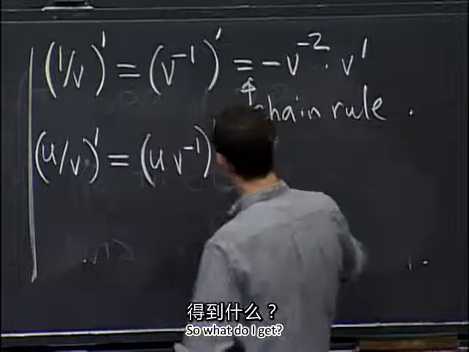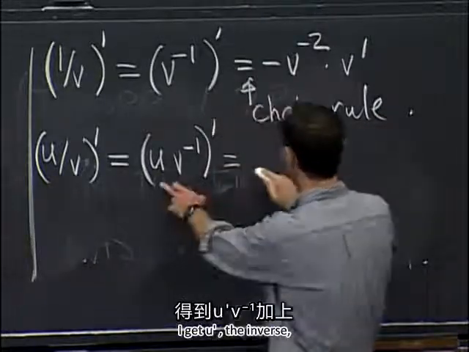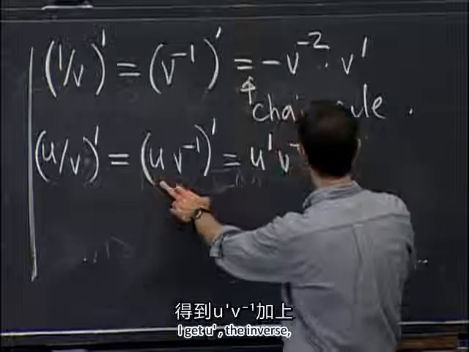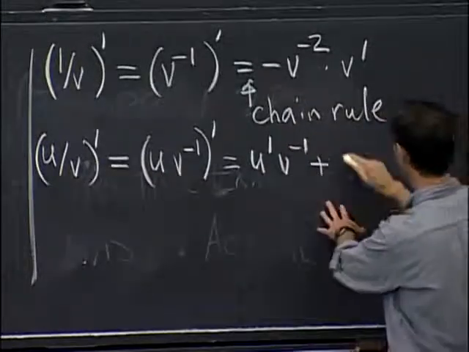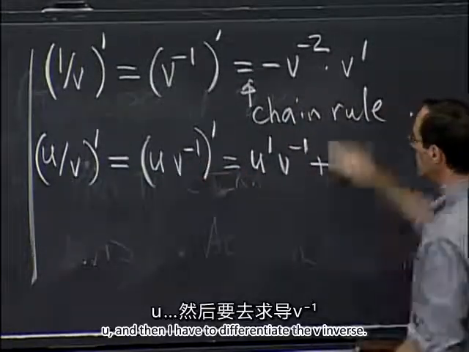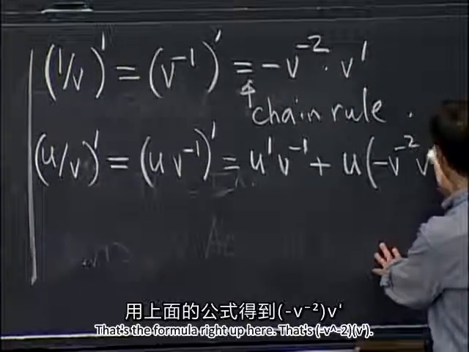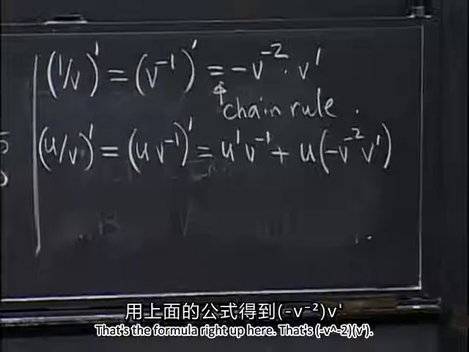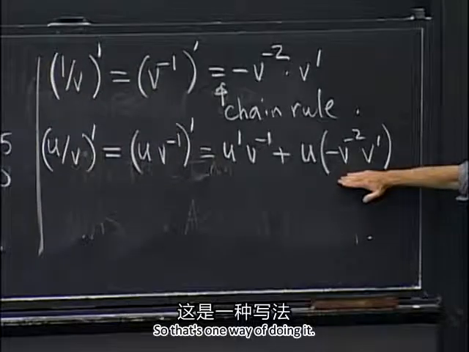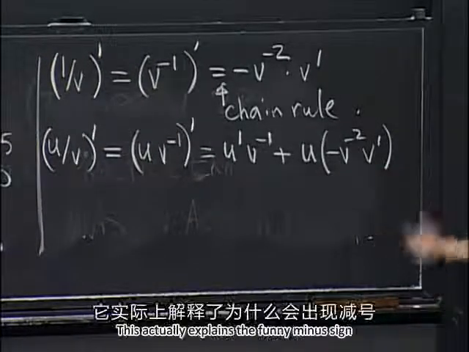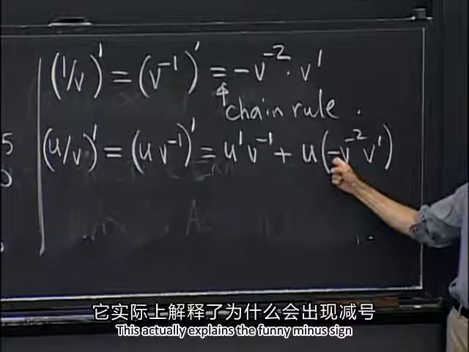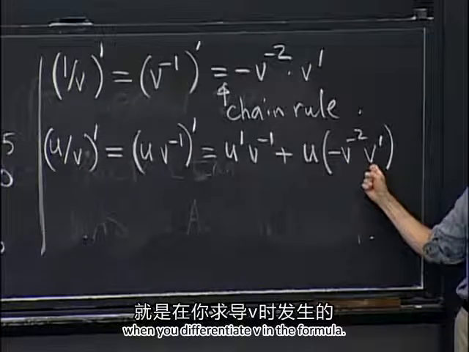So what do I get here? I get u prime v inverse plus u, and then I have to differentiate the v inverse. That's the formula right up here. That's minus v to the minus 2 v prime. Now, so that's one way of doing it. This actually explains the funny minus sign when you differentiate v in the formula.